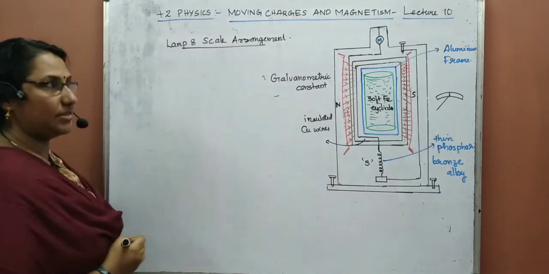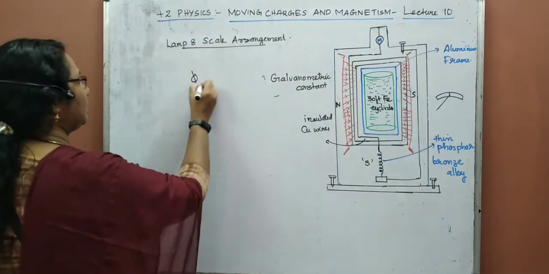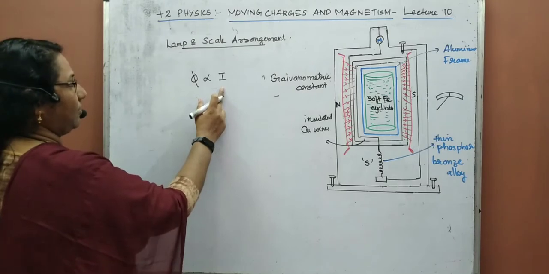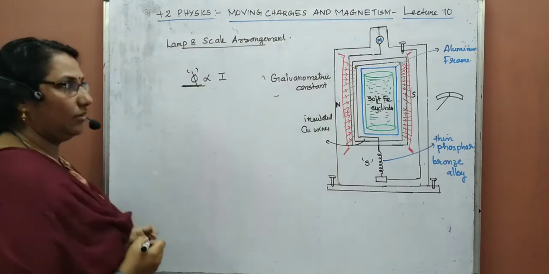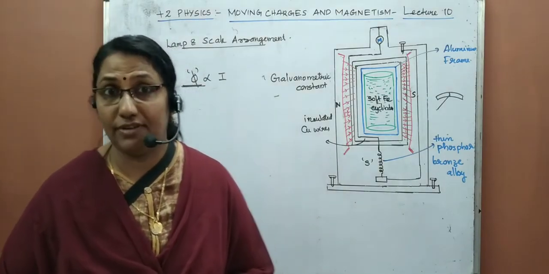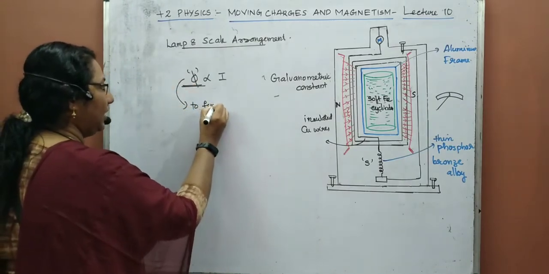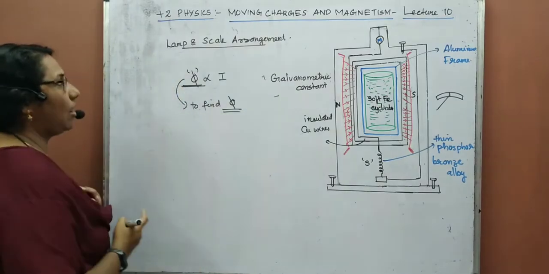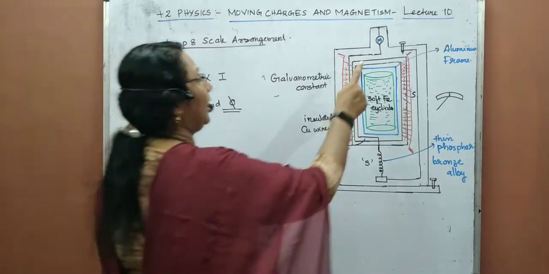What is this lamp and scale arrangement? We had taken phi is proportional to I. We had detected the presence of current, but what is the angle of deflection? What is the correct angle of deflection? We don't know it. In order to find the angle of deflection phi, we use the arrangement called the lamp and scale arrangement, and for that arrangement we have put a mirror here.